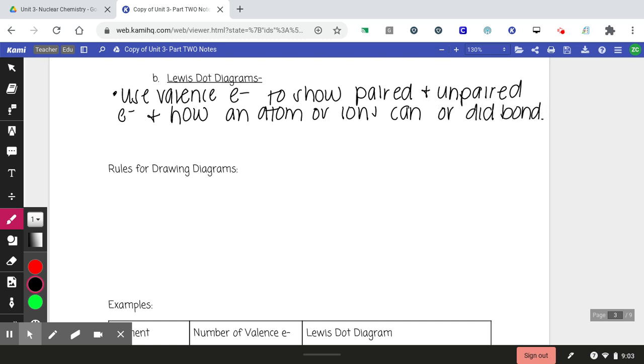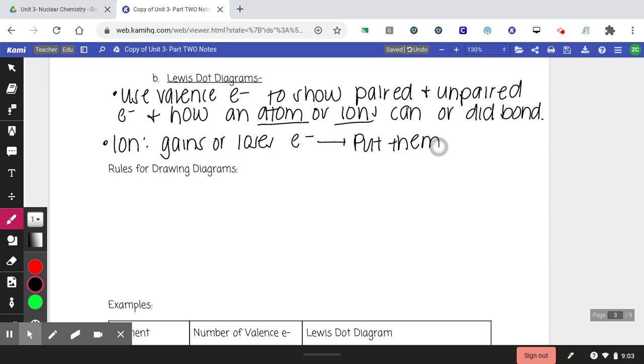Okay, and I say ion, so we know atoms are neutral, ions have charge. So if we have an ion, that means it gains or loses electrons. And we're going to show that in our Lewis dot diagrams. When we have ions in their Lewis dot diagrams, we put them in brackets, and we have the charge on the outside. So we can show that that's an ion and not an atom.